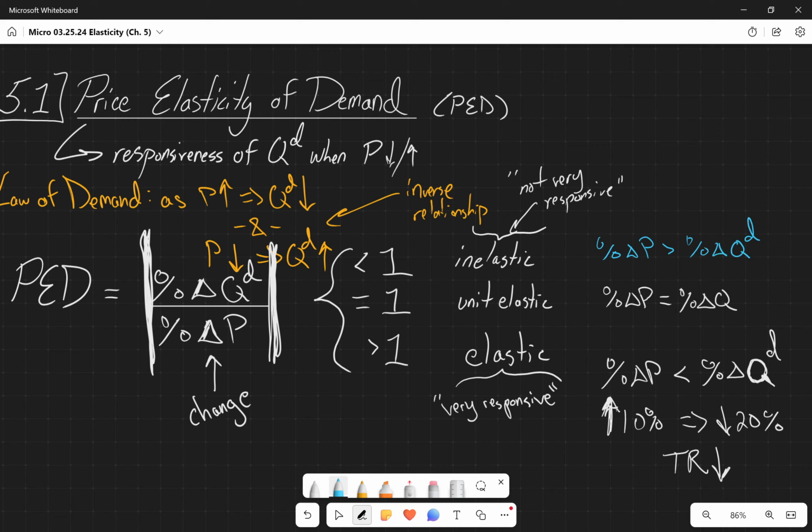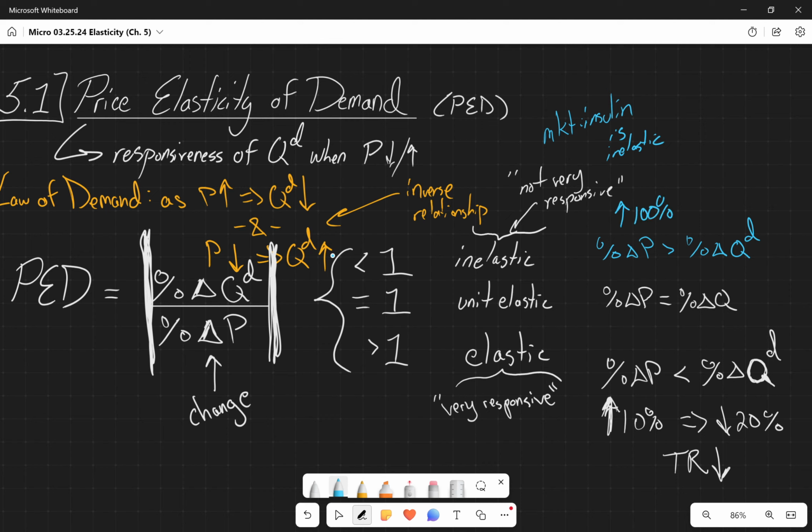Inelastic we'll often think about with the market of insulin. Insulin, inelastic, they both start with in. They can increase the price of insulin by something like 100%, right?